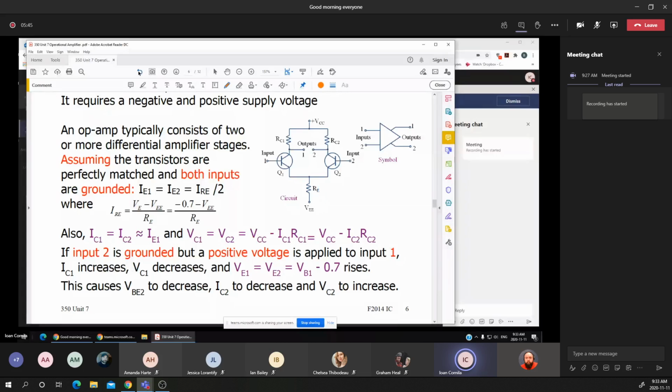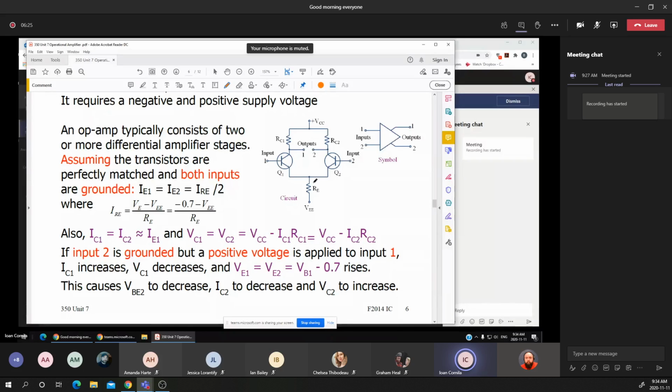That's the common current, which is provided by Q1 and Q2. It means the current that flows through RE divided by 2 defines the emitter current flowing through Q1 or Q2.